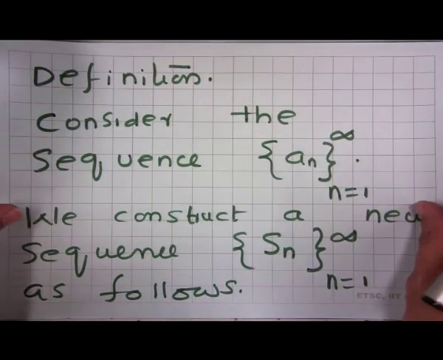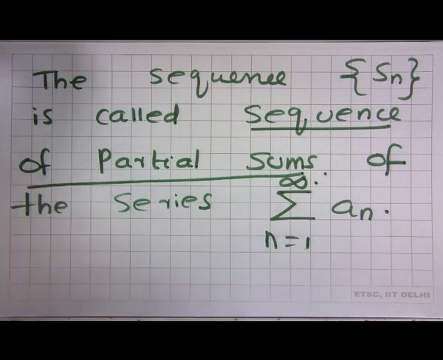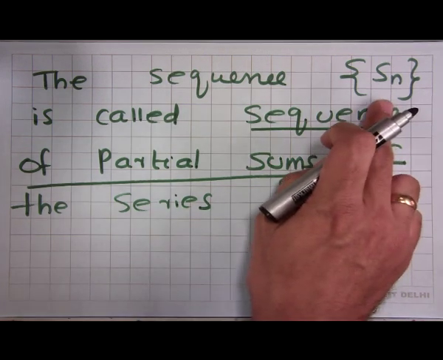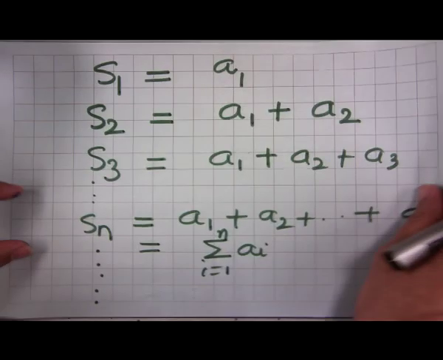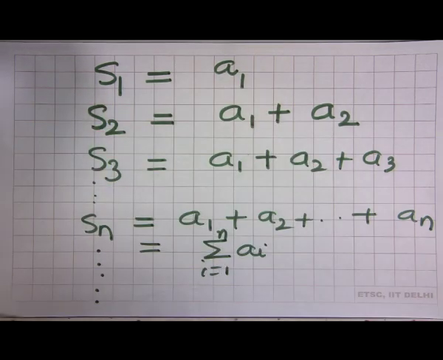To define it, we construct a new sequence Sn, where S1 is a1, S2 is a1 plus a2 and so on. Is the definition clear?